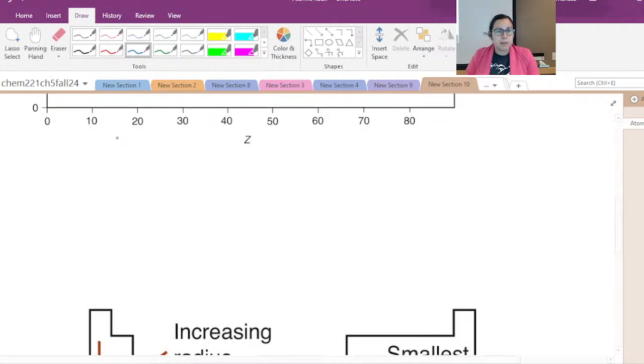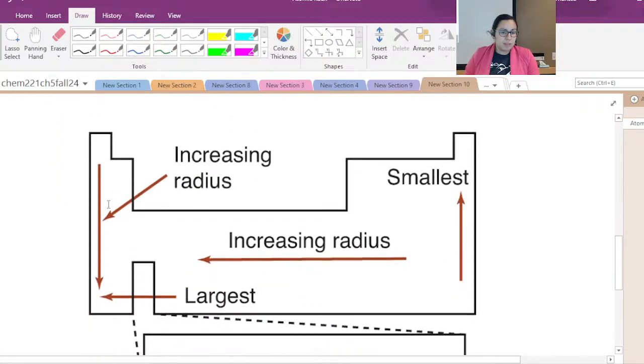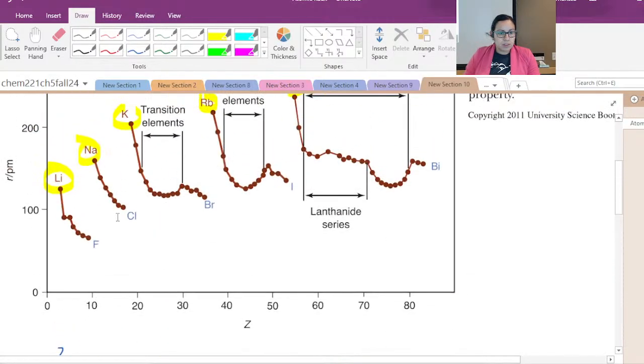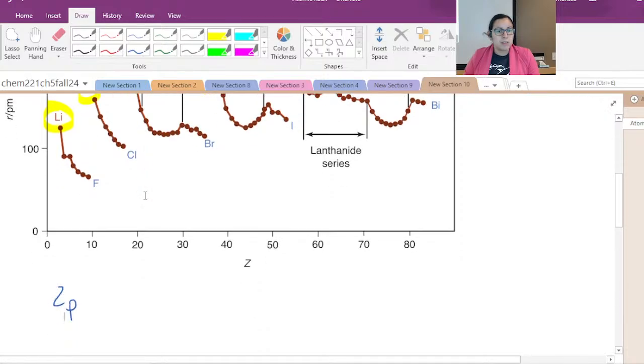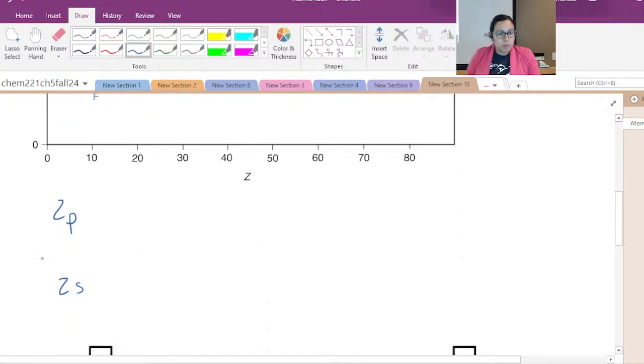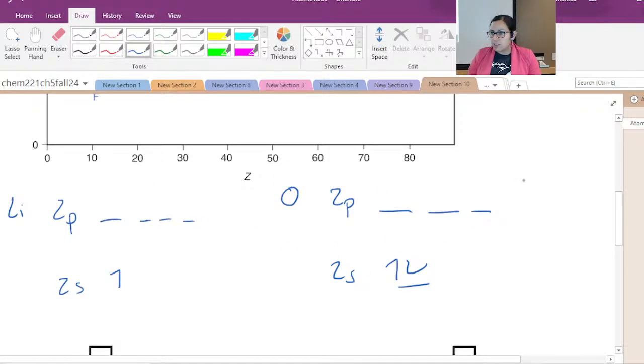So let's just compare. Looking at the 2p, let's just look at lithium, why not? Lithium only has 1 electron in the 2s here. And then if we compare it to oxygen, oxygen has 6 valence electrons, 2 in the 2s, and as we go across the same second energy level, we add more electrons.